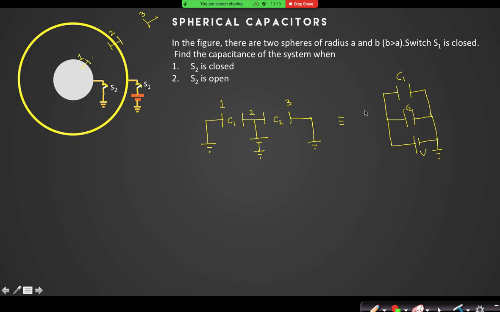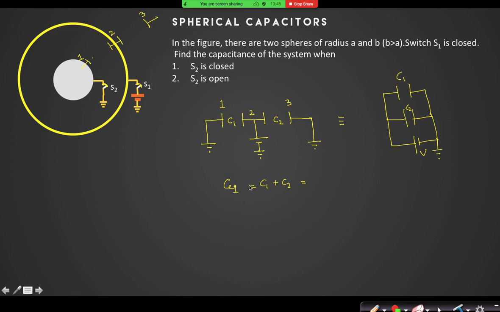Is there any doubt in that equivalent network? No, sir. So in this case, can I say C equivalent is equal to nothing but C1 plus C2? What is C1? Can I define C1 as the equivalent capacitance between these two plates, where the electric field only lies between A and B?